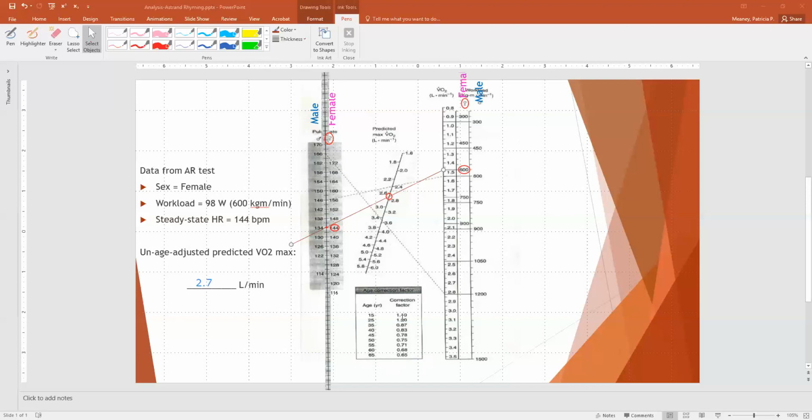Once you've followed those steps and figured out what your correction factor should be, you'll move on to step 4, where you will multiply that age correction factor to this unage-adjusted value right here. That will give you your age-adjusted predicted absolute VO2 max.